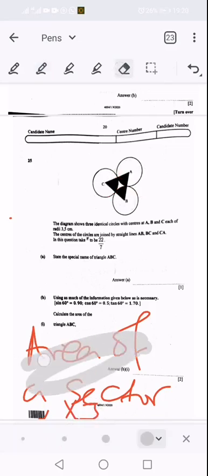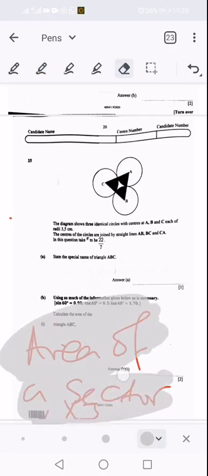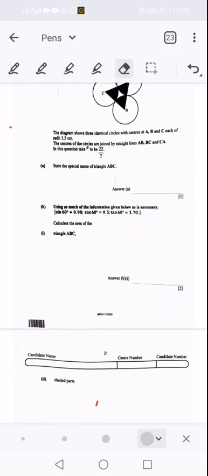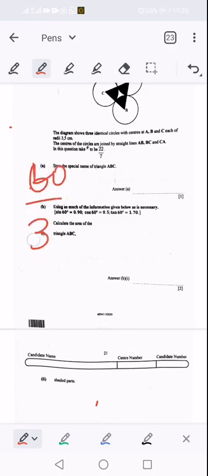Wotowana zvauri kuda. Saka inenge iri chi area of a sector it's what? Area of a sector is what? It's pi. It's 60 over 360.